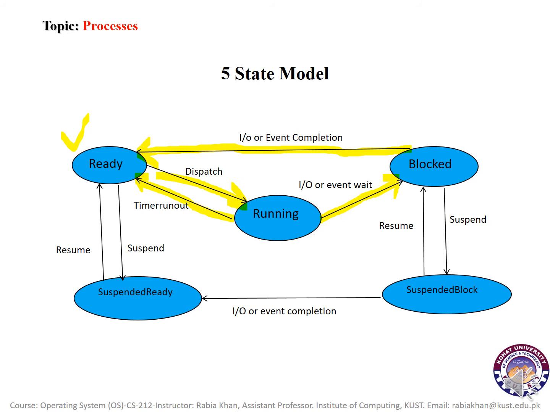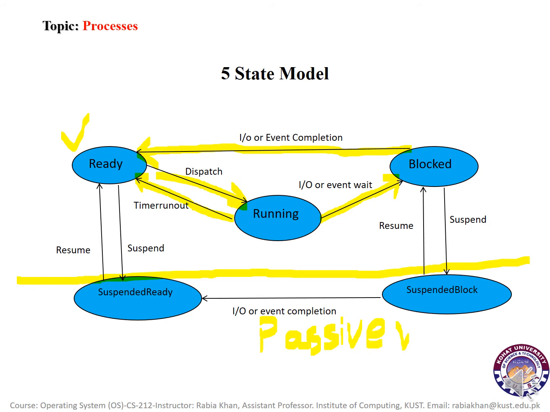But blocking is an active waiting, while suspension is passive waiting. So suspended ready and suspended block are 2 passive waiting states. Keep in mind, block is active waiting while suspension is passive waiting.